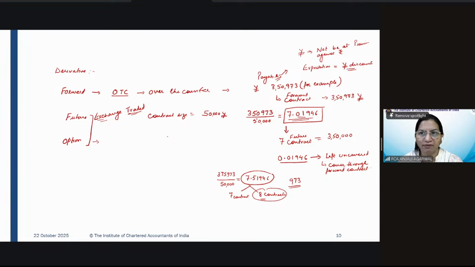What you decide will depend upon what your expectations are. If you see a clear currency moving at a premium or discount, you can take a call. But if you don't know the direction either, in that case, you may go for an option contract, which will help you cover if there is a need.